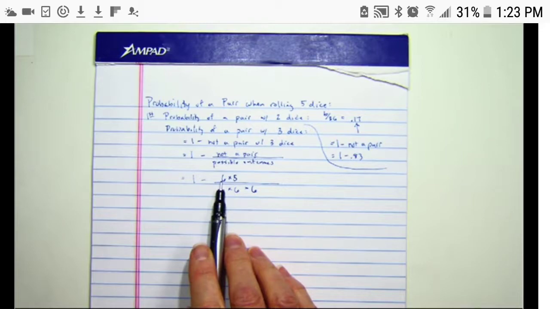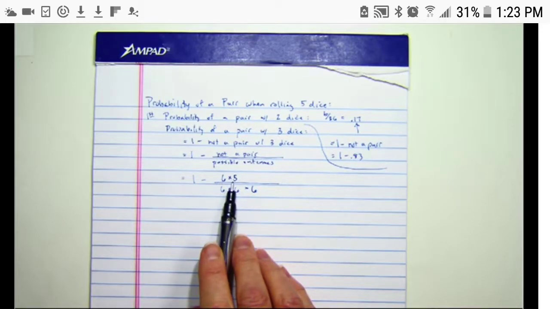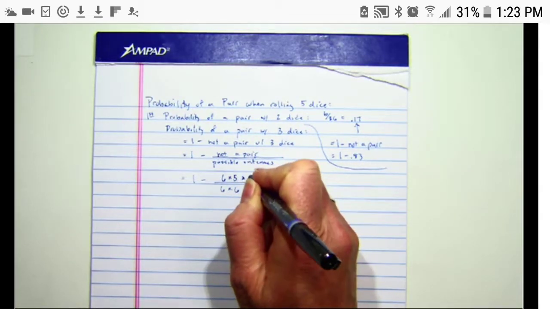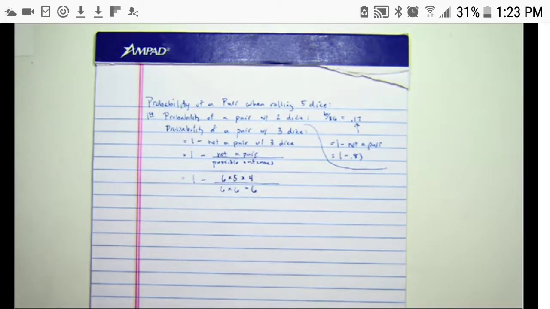But now we have another dice in the mix, so that third dice mustn't be what the red dice was, and it mustn't be what the green dice was, so it has to be one of 4 other options. So once the red dice is thrown, there's only 5 options to not be a pair for the green dice, and then the last dice only has 4 options, so it's not the same number as either the red dice's number or the green dice's number.